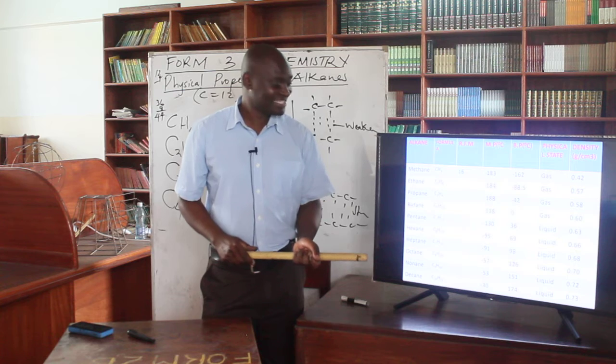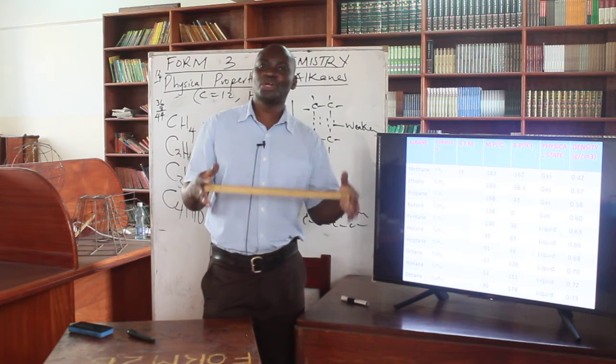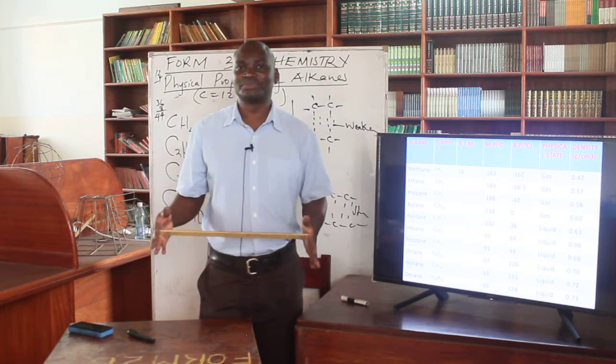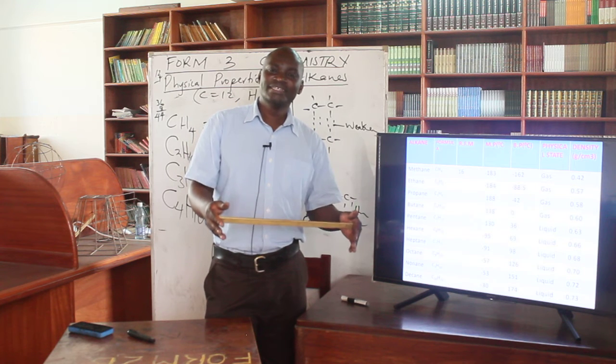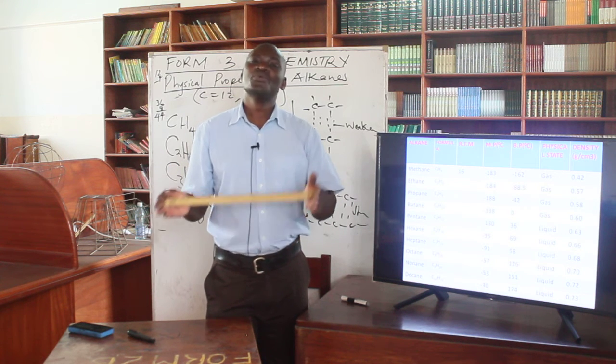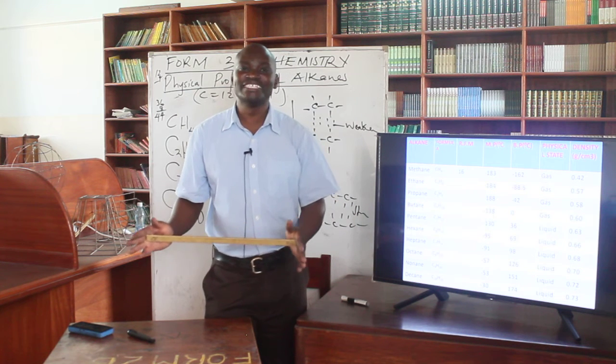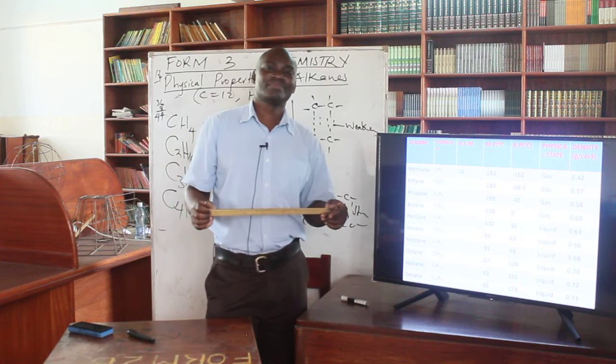We have said that those alkanes with shorter chains of carbon atoms have weaker intermolecular forces of attraction, which require little heat energy to break.